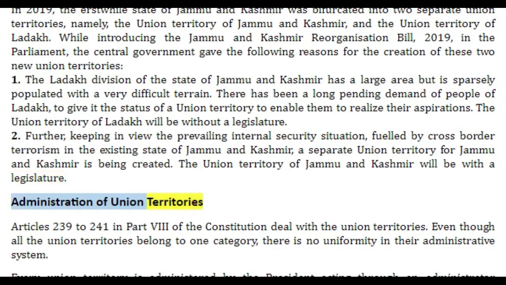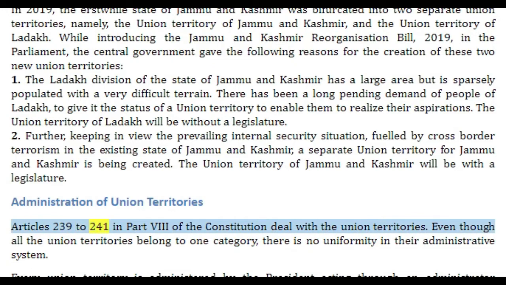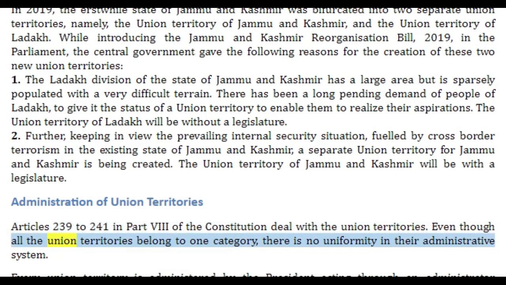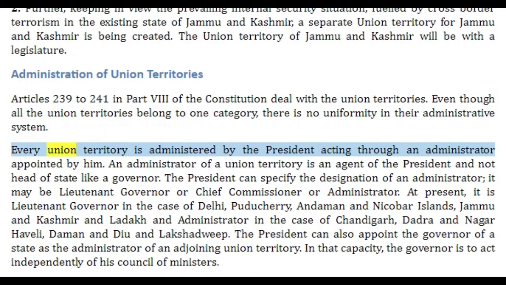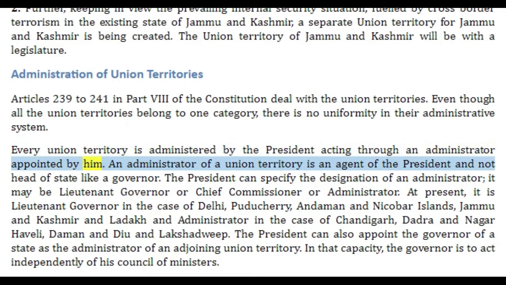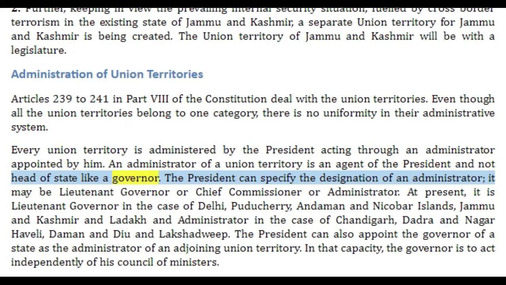Administration of Union Territories. Articles 239 to 241 in Part 8 of the Constitution deal with the Union Territories. Even though all the union territories belong to one category, there is no uniformity in their administrative system. Every union territory is administered by the president acting through an administrator appointed by him. An administrator of a union territory is an agent of the president and not head of state like a governor.